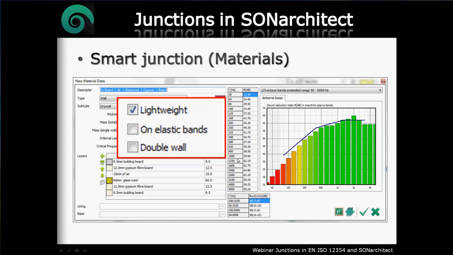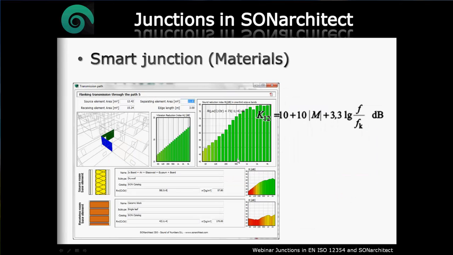In this specific case, we are now seeing a screenshot of a form with the calculation result of a given flanking path. Here we have the sound reduction index of the flanking path, the R_ij. And here we can see the sound reduction index of one of the elements. This is the source element.